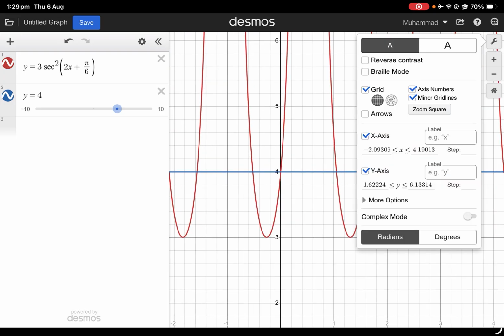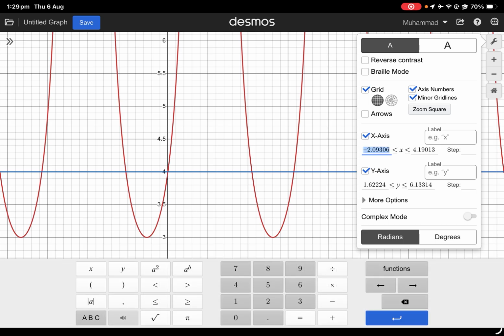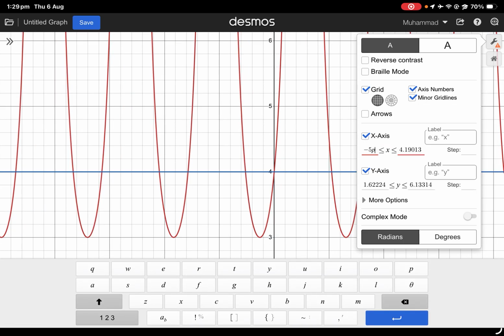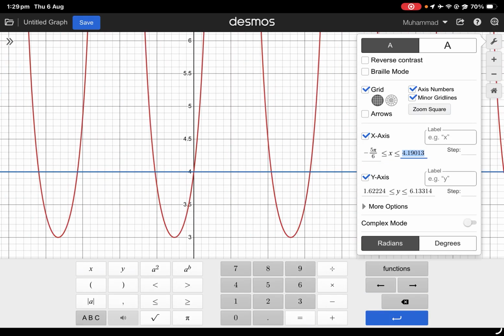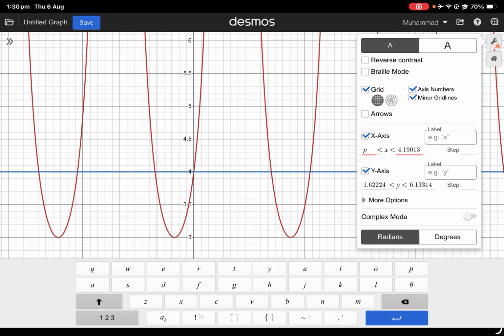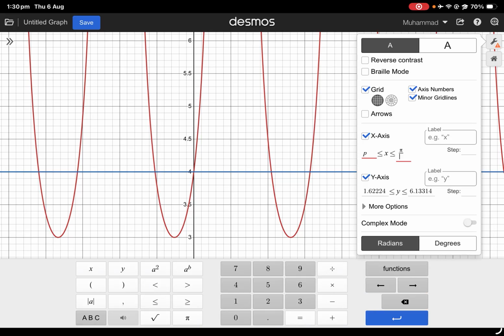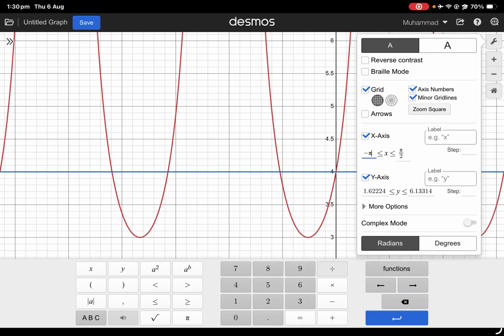So obviously for the range we stated earlier, this is supposed to be pi by 2, and this is supposed to be minus pi by 2.